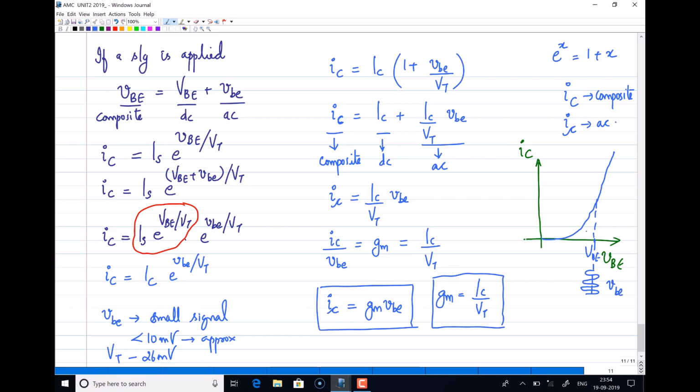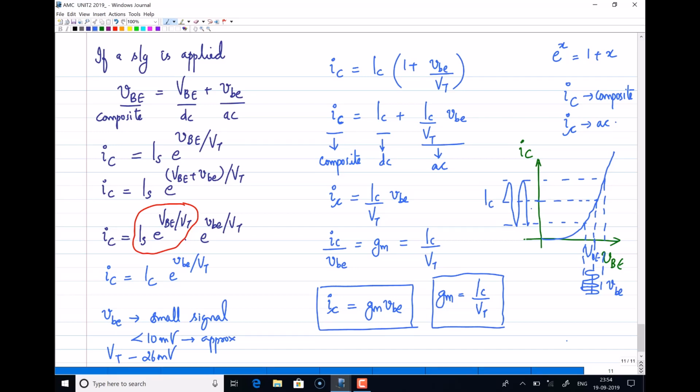For this DC VBE, we will get a DC collector current. Now for this vbe variation, we will get a varying collector current here.